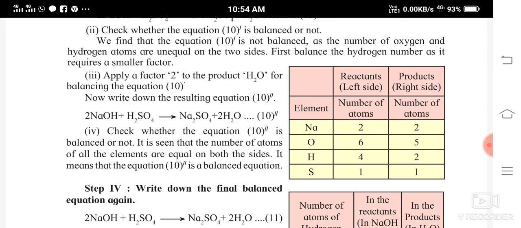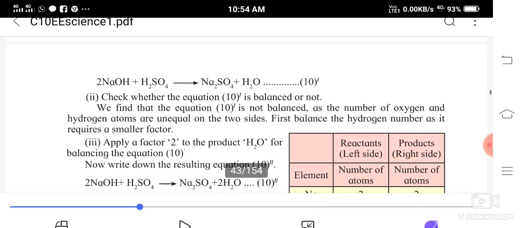So we find that the equation 10 dash is not balanced as the number of oxygen and hydrogen atoms are unequal on the two sides. First, balance the hydrogen number as it requires a smallest factor. First hydrogen we will balance and then we'll balance oxygen. Apply a factor 2 to the product water for balancing the equation.